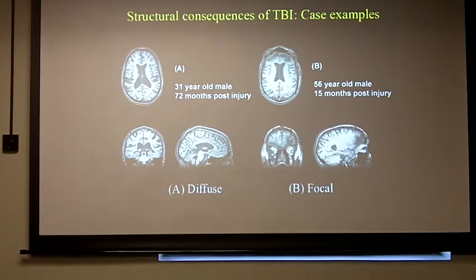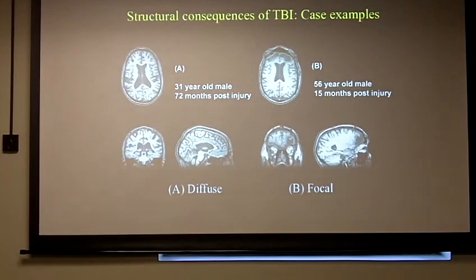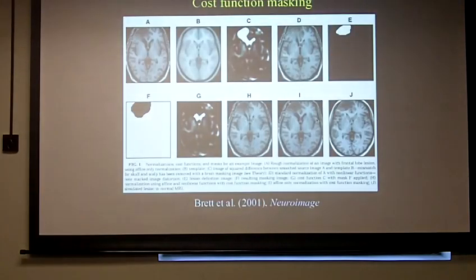On the right, there's a case with a pretty large bilateral frontal focal lesion, and the problem with this is that if we run a large deformation normalization scheme on this, then this lesion completely goes away because the warping is so powerful and not regularized, if you will.